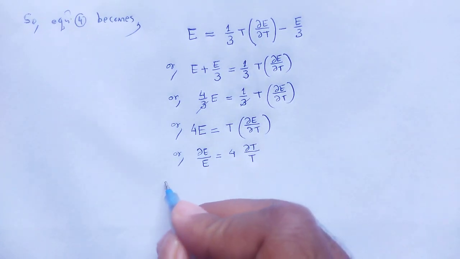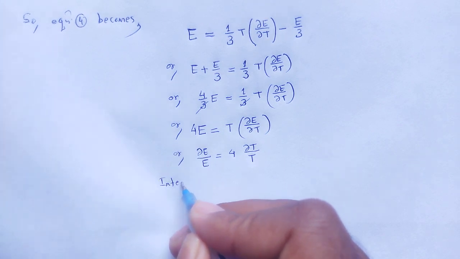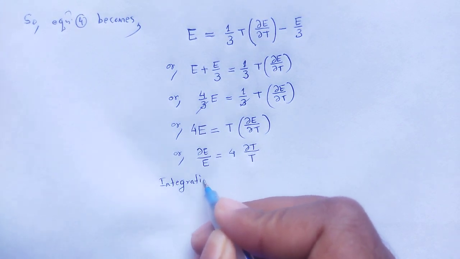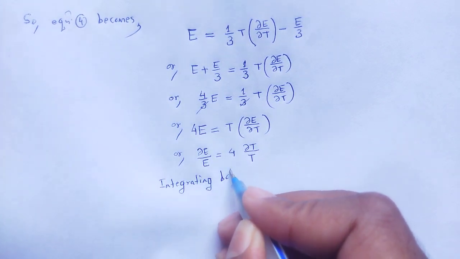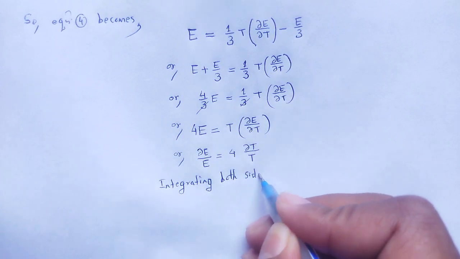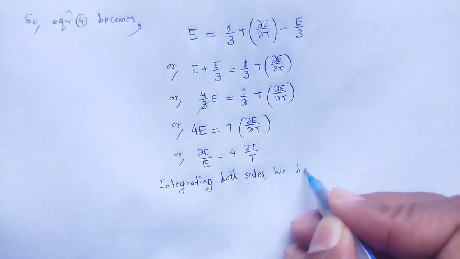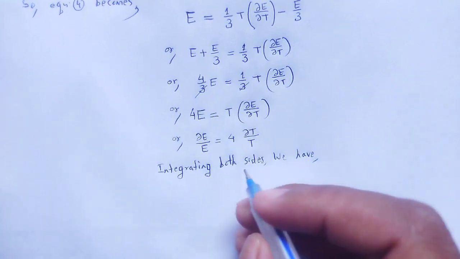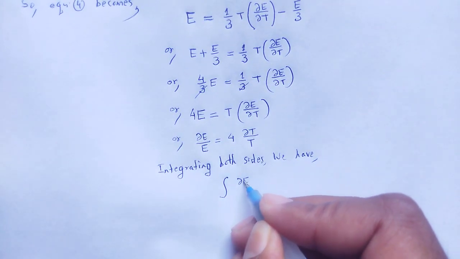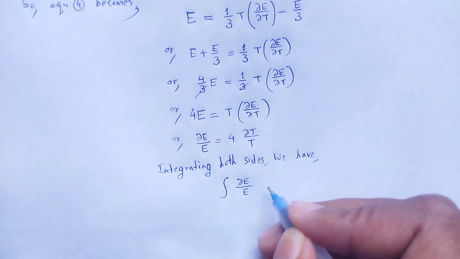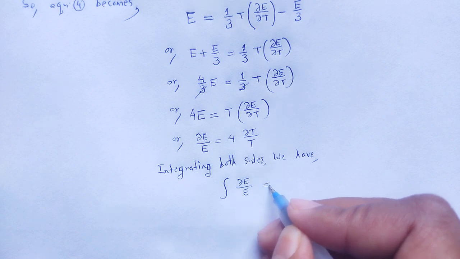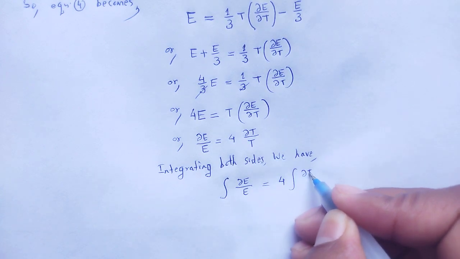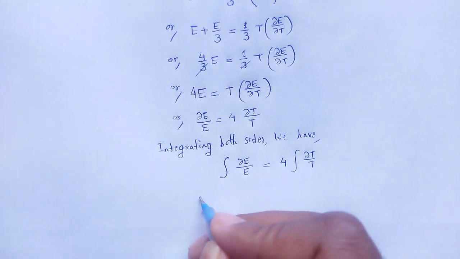Now integrating both sides, we have the integration of ∂E/E is equal to 4 times the integration of ∂T/T.